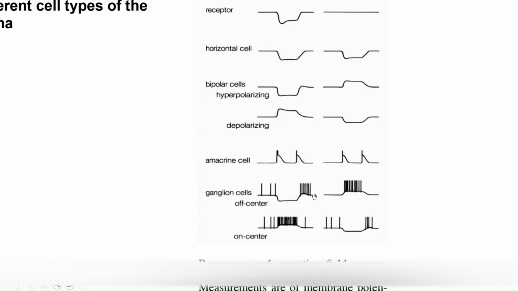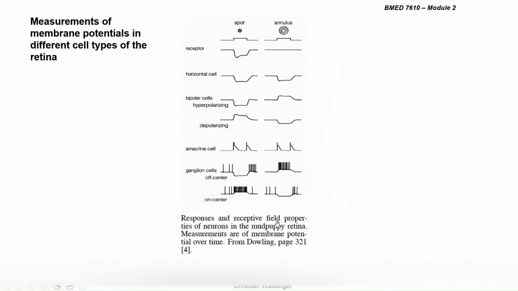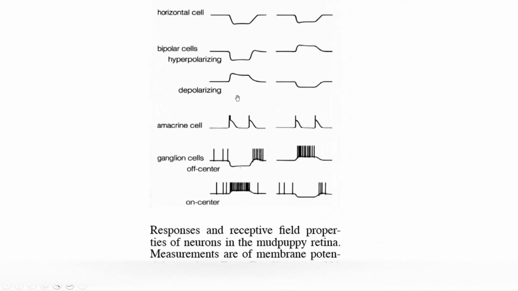Ganglion cells have on-center and off-center types. On-center cells fire during the time when there's a light stimulation. In the middle is when the light is present, the time when the stimulation is given. The off-center is depressed when there's a light signal.